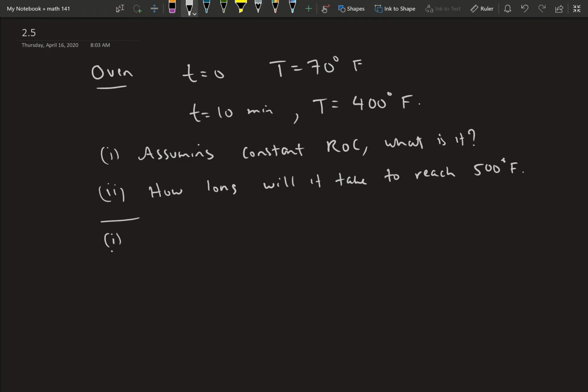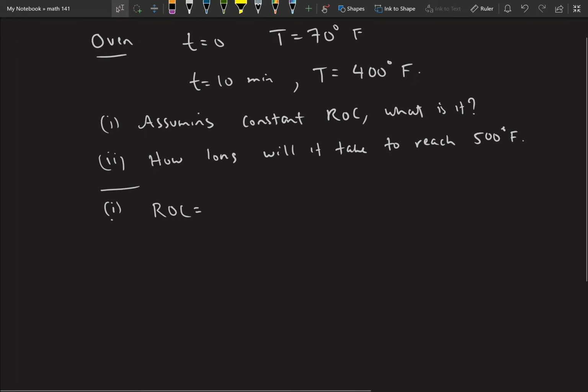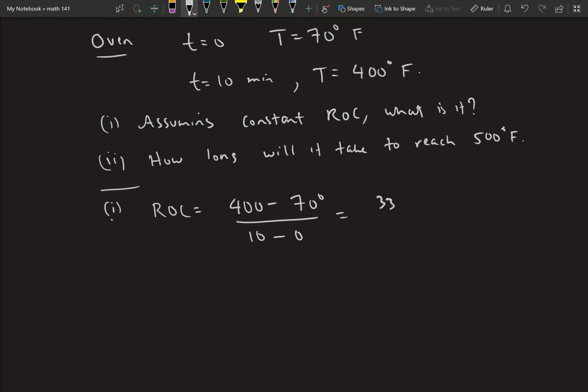Well, to find the rate of change, we do the change in the temperature, so 400 minus 70, divided by the change in time. So this is 330 degrees divided by the 10 minutes, and that's just 33 degrees Fahrenheit per minute.